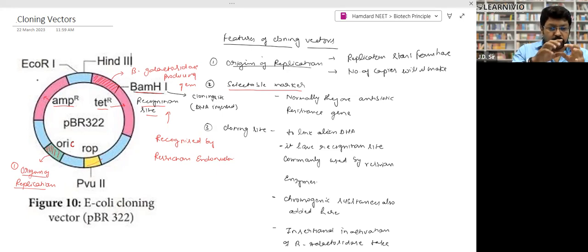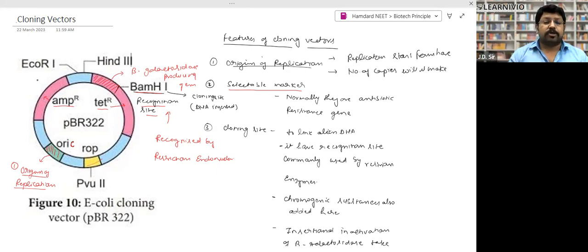Now this plasmid is incorporated into bacteria. Suppose I have thousands of bacteria and I have incorporated thousands of plasmids, but not all bacteria will take my plasmid. For the sake of example, 600 bacteria out of those 1000 have taken my plasmid. Those 600 bacteria have also taken my tetracycline gene indirectly.